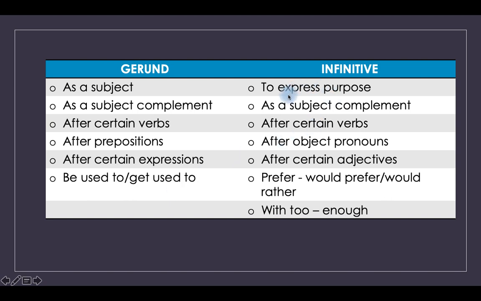With infinitives, we again can use them as a subject complement. We use them to express purpose. We also use them after certain verbs like gerunds and after certain adjectives. We also use them with would prefer, would rather, and with too and enough.